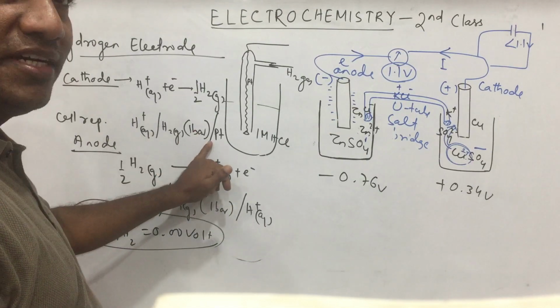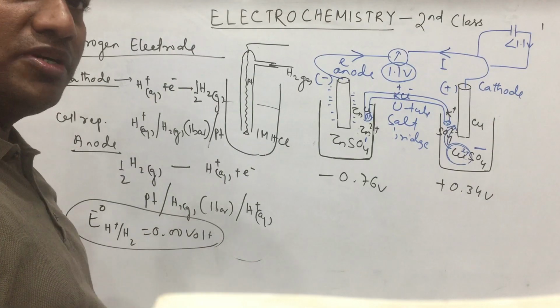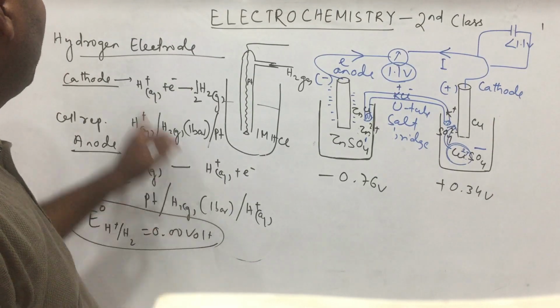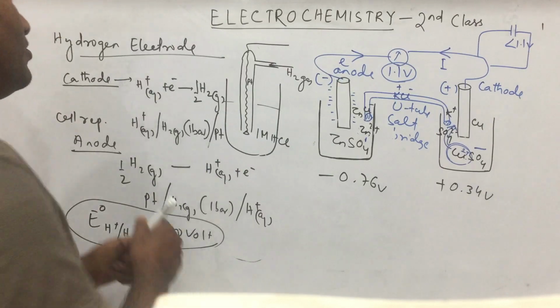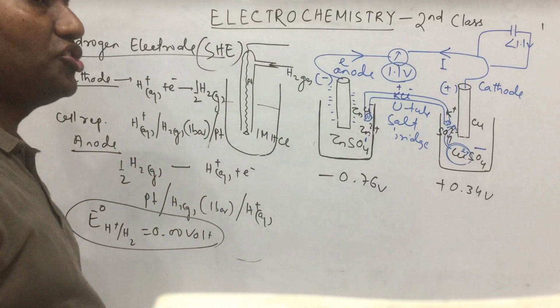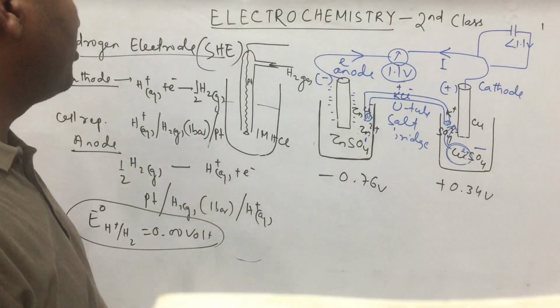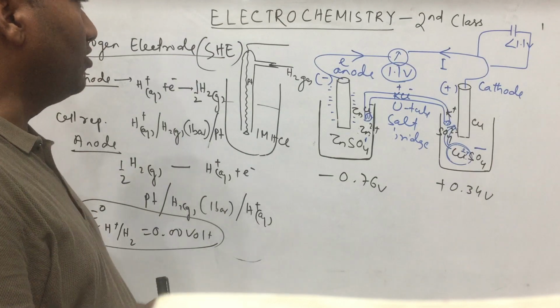Its potential value is 0.00 volt. So this is called the hydrogen electrode, also known as the standard hydrogen electrode. That's why we can write SHE, standard hydrogen electrode, or NHE, normal hydrogen electrode.